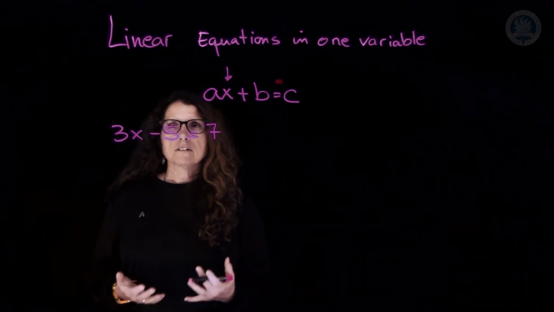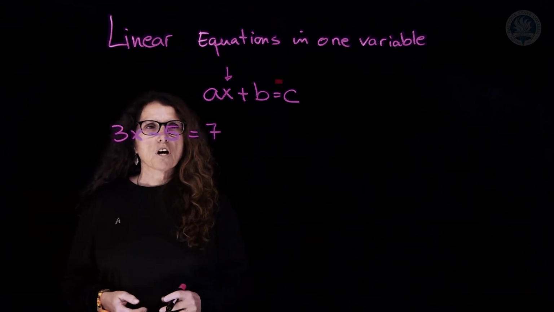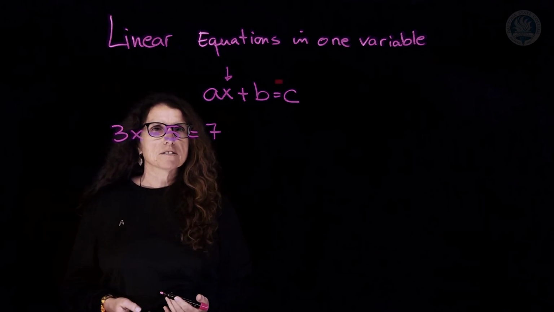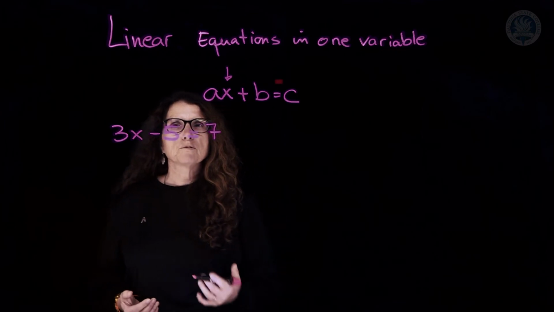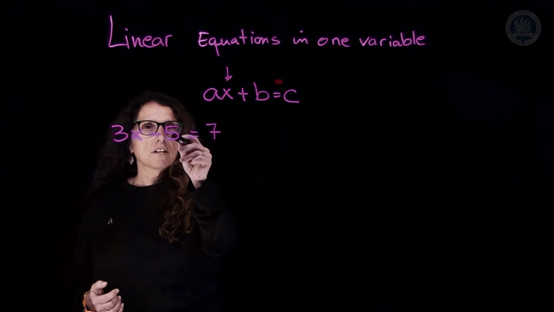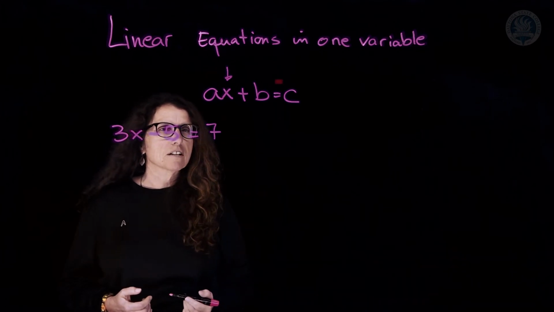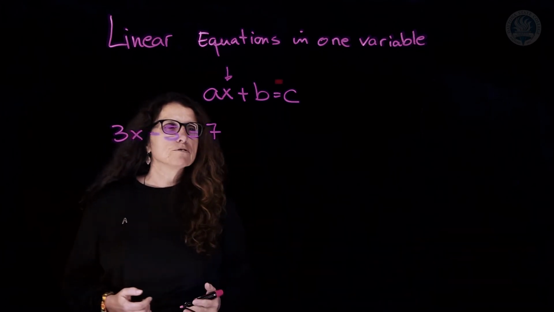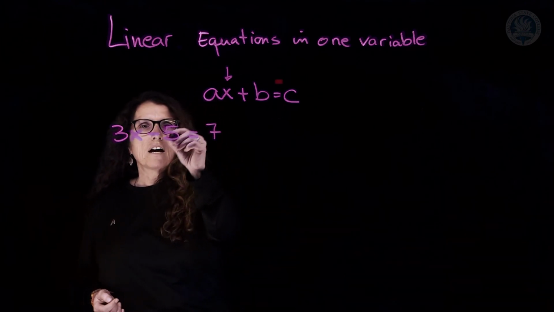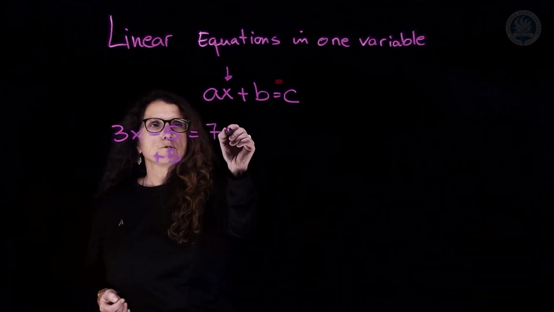One variable linear equation. Now to solve this, we need to isolate the x. We need to get x by itself. The first step would be to bring the term that does not include the x to the right-hand side in this case, and we do so by adding. We have minus 5, so we add a 5 to both sides.